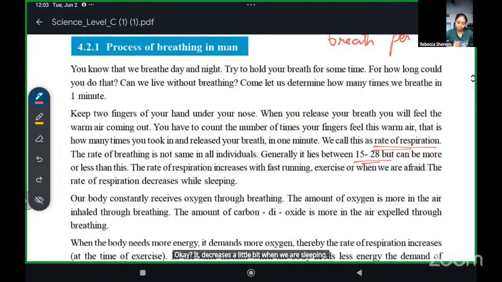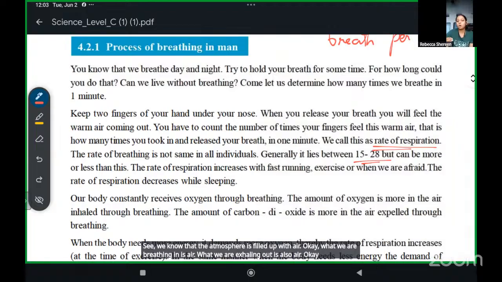Our body constantly receives oxygen through breathing. The amount of oxygen is more in the air inhaled through breathing. The amount of carbon dioxide is more in the air expelled through breathing. What does this mean? We know that the atmosphere is filled up with air. What we are breathing in is air, and what we are exhaling is also air.